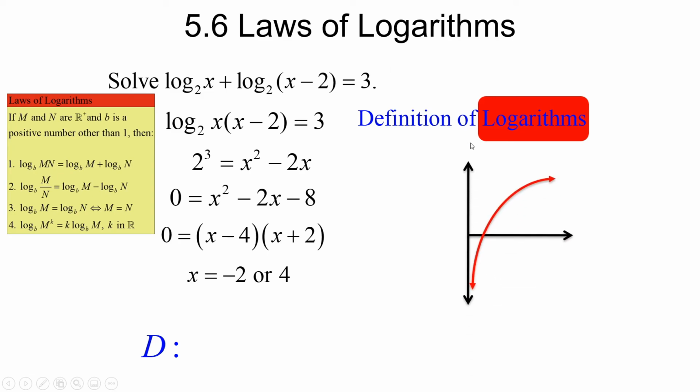Remember, that graph of a logarithmic function looks like this. We're never over here in quadrant 2 or quadrant 3, so the domain is only the positive real numbers. x has to be greater than 0. So if you give me x can be -2, that's not going to work right there.